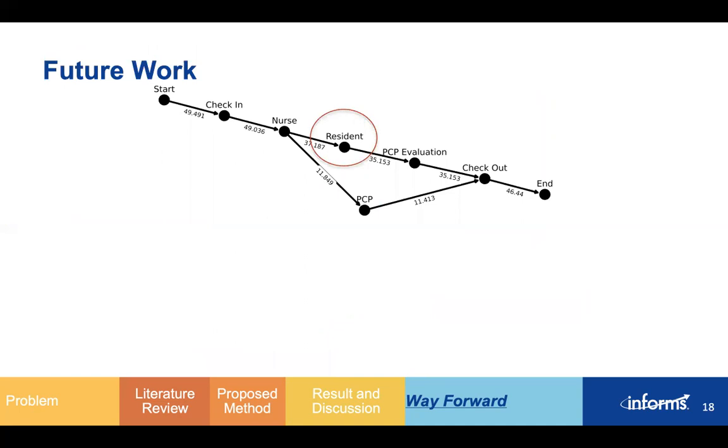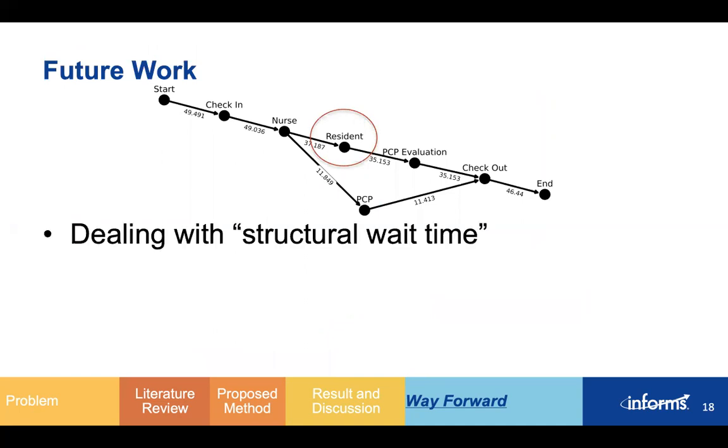Besides, in our future work, we can reduce the structural wait time, that is the bottleneck here in the resident node. Domain expertise is needed. And if we model the details inside this node, this will be another network, and we can use the same method to improve the network flow efficiency by modifying the topology of this subnetwork.